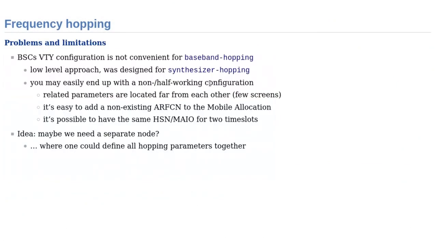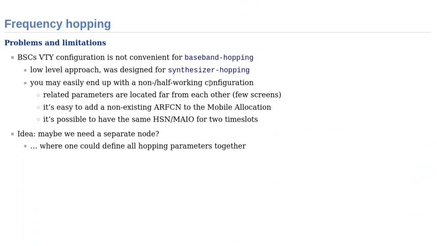Regarding the problems and limitations of our current implementation, one thing I noticed while setting up the test setup for our TTCM3 stuff is that the VTY interface in the BSC is not really convenient for configuration of the hopping parameters, because it was designed for synthesizer hopping, where the approach itself is low level because you just specify the channel numbers and it works.